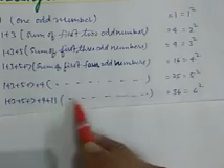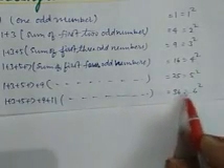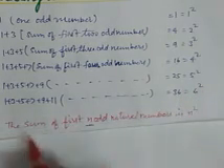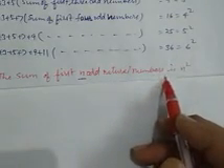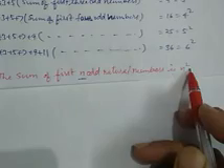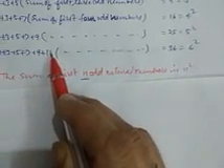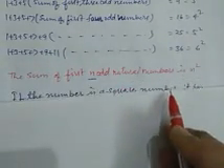So the sum of these odd numbers is just equal to the square of the count of these odd numbers. So this way we can add odd numbers. The sum of the first n odd natural numbers is n square. Here n is the number of odd numbers. Okay, remember this. This is our conclusion.